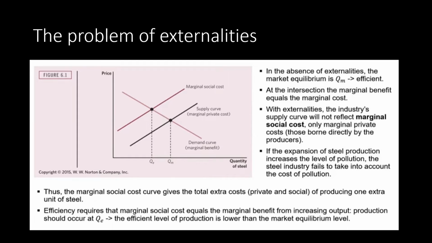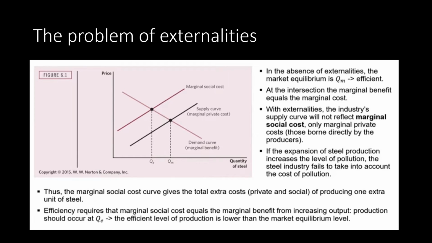This is the marginal social cost, and this is the marginal benefit. With externalities, the industry supply curve will not reflect marginal social cost, only marginal private costs. What do I mean here? Those borne directly by the producers.